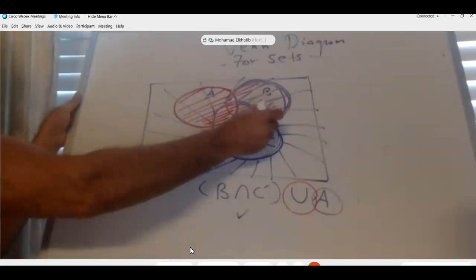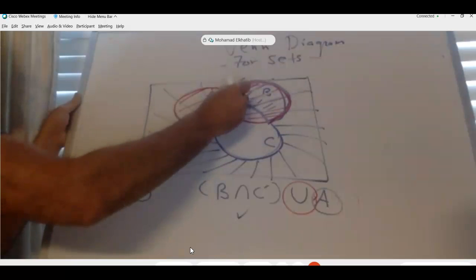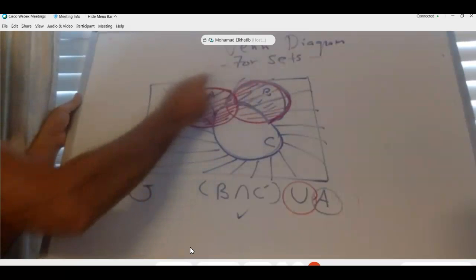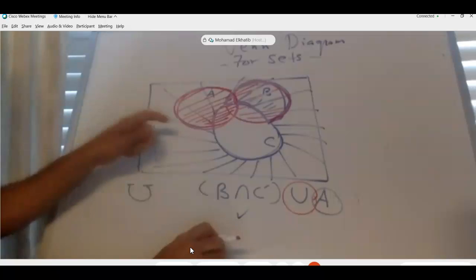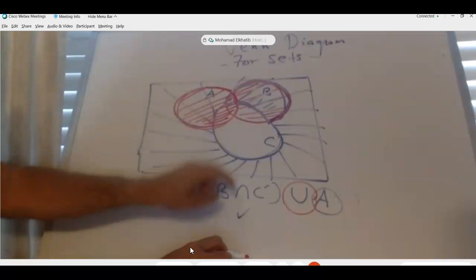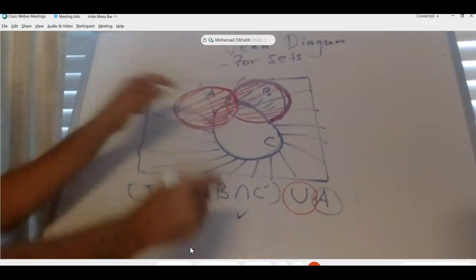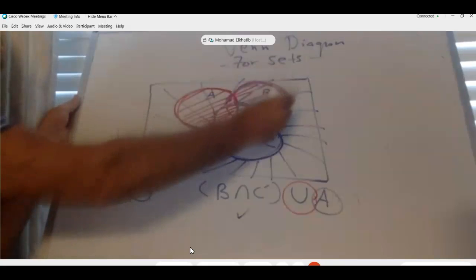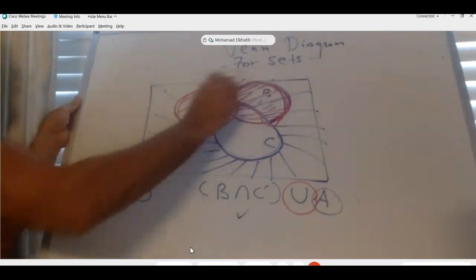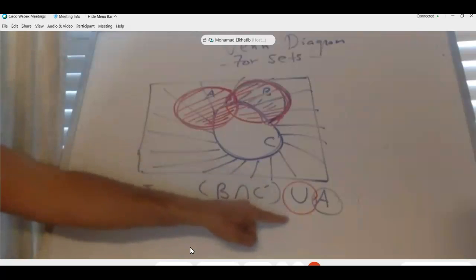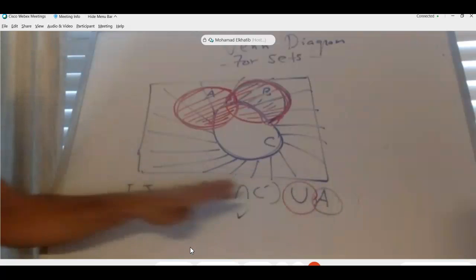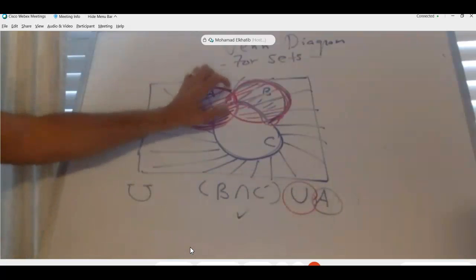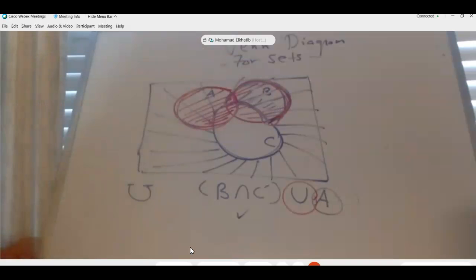So the final answer is gonna be all of A and only this part of B right here, because union means I gotta put both answers together. So it'll be this and this part of B, and I'm done.